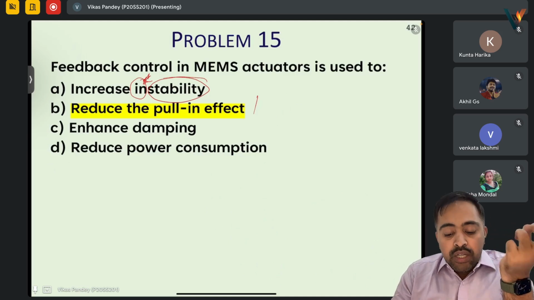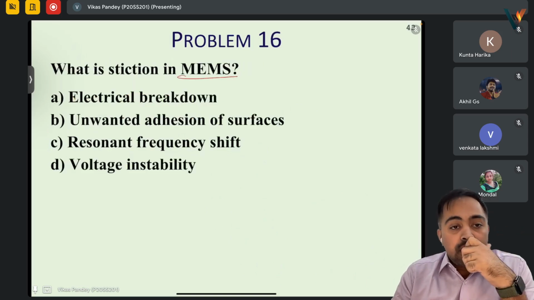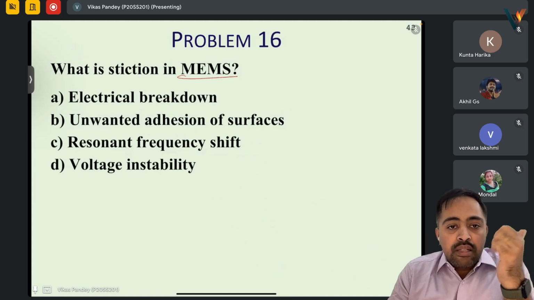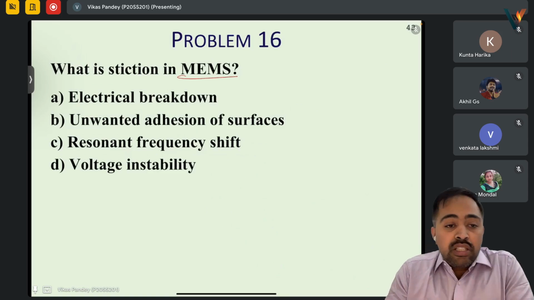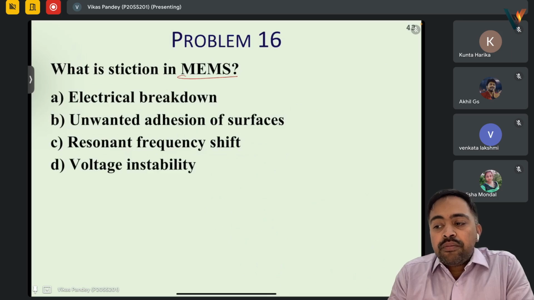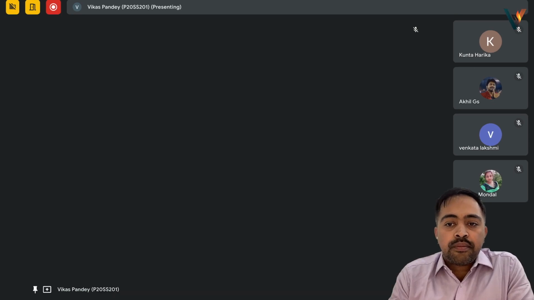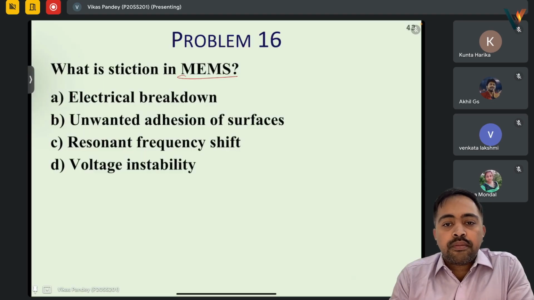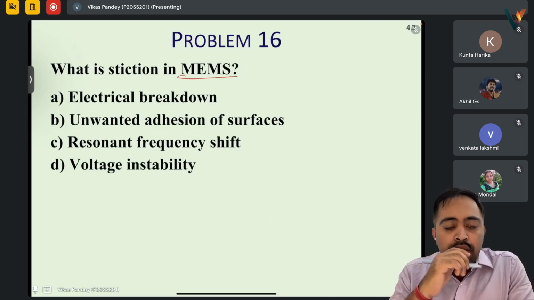Now next is what is stiction in MEMS? We talked about stiction. Okay, so it is electrical breakdown, unwanted adhesion of surfaces, resonant frequency shift, or voltage instability. Yes, anyone? What is stiction?